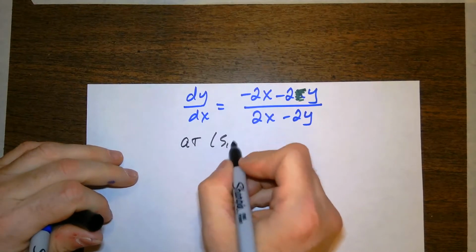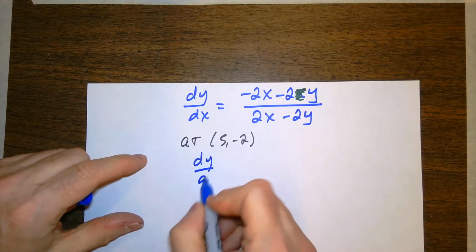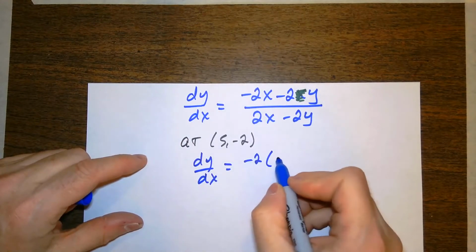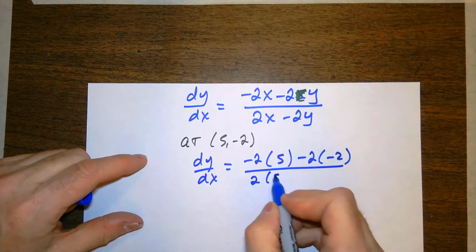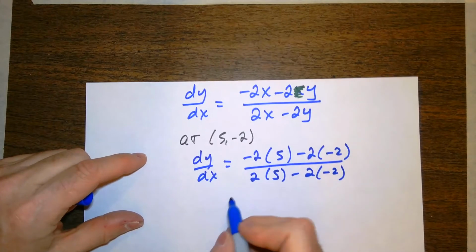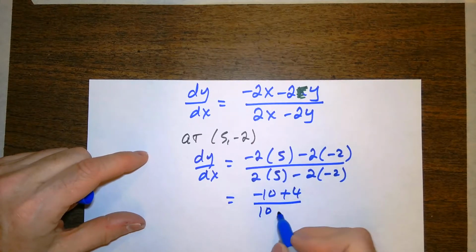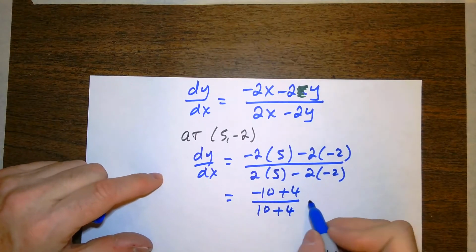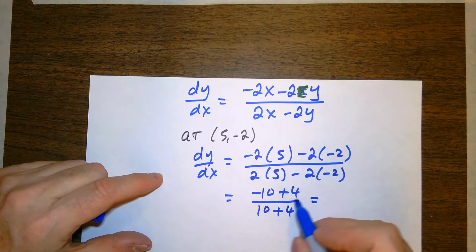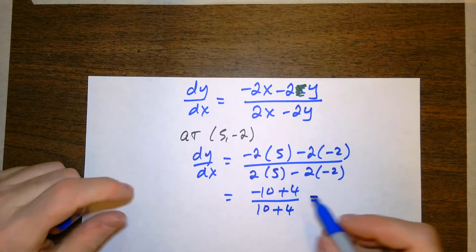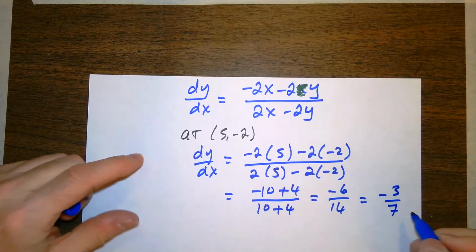So at the point (5, -2), the derivative, the slope of the tangent line, would be (-2 times 5 minus 2 times -2) over (2 times 5 minus 2 times -2), which is (-10 + 4) over (10 + 4), which gives me -6 over 14, or -3/7.